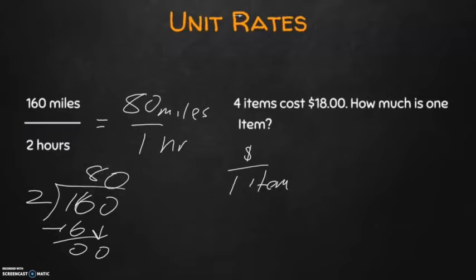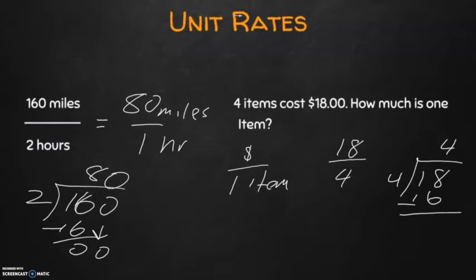So what we can do is put 18 over 4. Why do we put 18 over 4 and divide that? Well, it's very simple. We want to follow the units. They are telling us the cost for every 1 item. Then we want to divide here. 4 goes into 18 4 times.